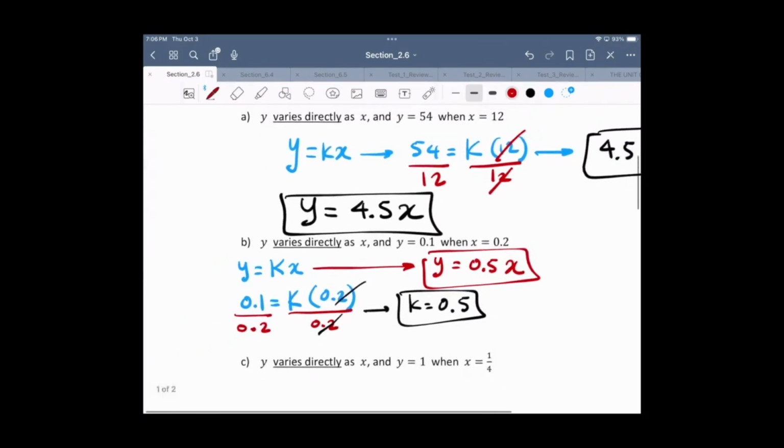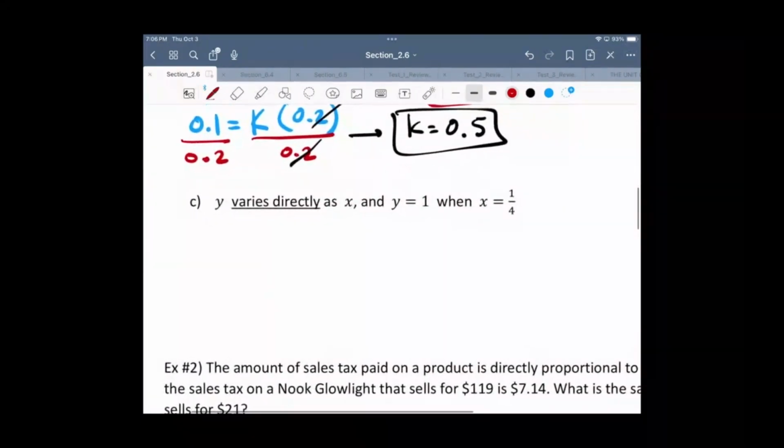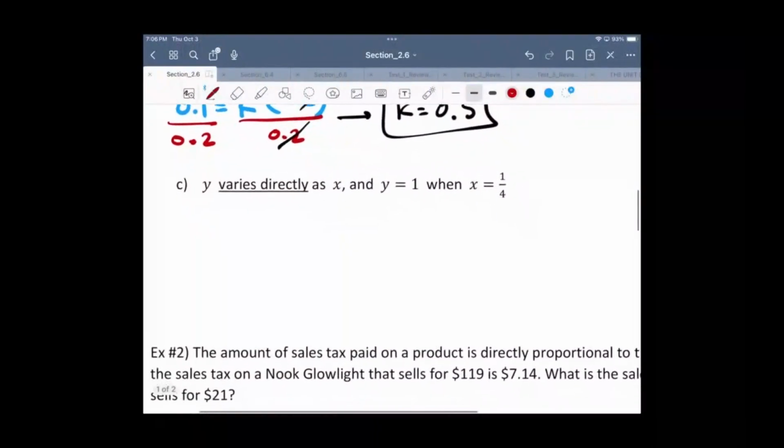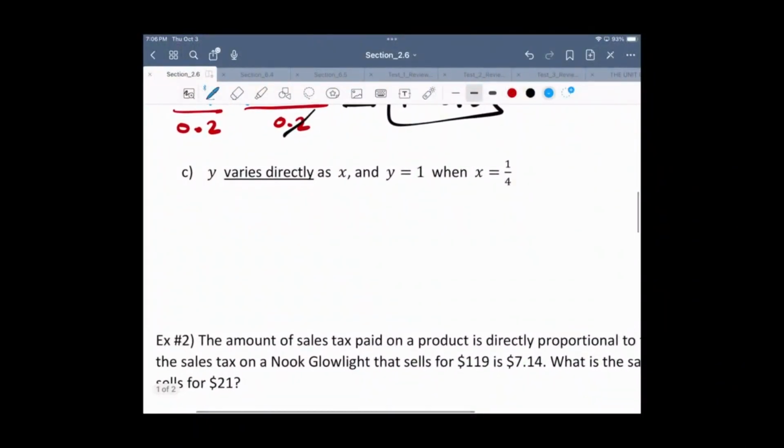Okay. So next one, please make sure that you have already answered this, and hoping that you're just back here to compare this with your solution. So y varies directly as x, so that means we can write that. And let's use this particular example to solve for k. So when y equals 1, x is equal to 1 over 4.